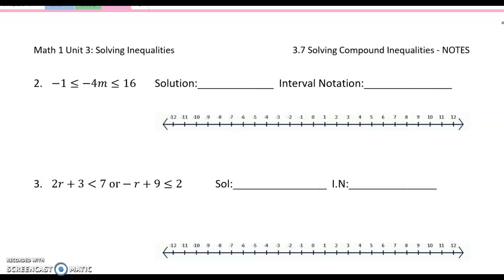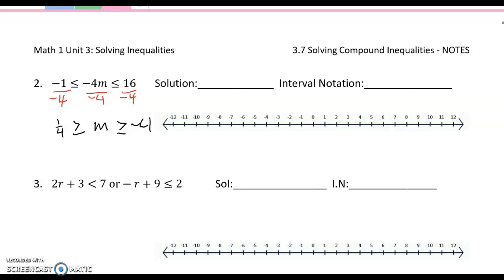All right, let's see what you do here with example number 2. Again, a three-part and inequality. To get m by itself, we have to divide all three parts by -4. Again, because we divided by a negative, those inequality symbols, those less than symbols, had to flip into greater than symbols. So initially, this is what our answer could look like: 1/4 is greater than or equal to m, is greater than or equal to -4.